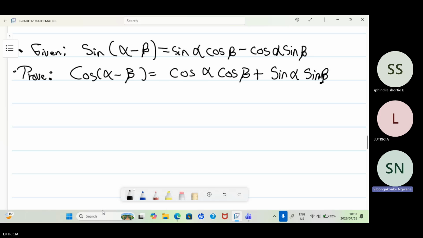They are not proving the compound angle exactly. They are showing us how the sign changes on the first one.